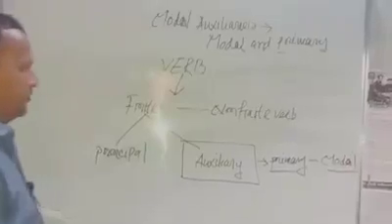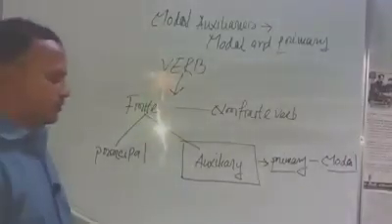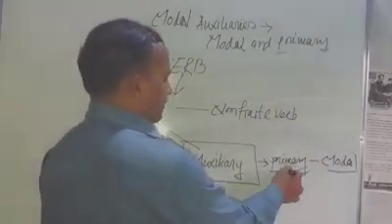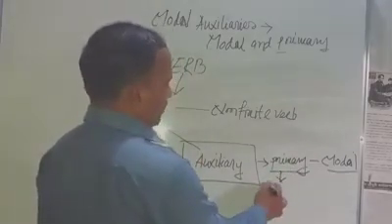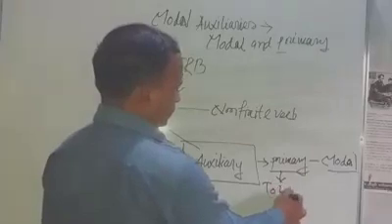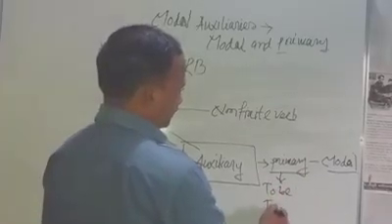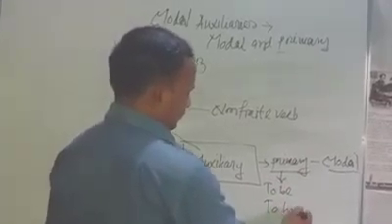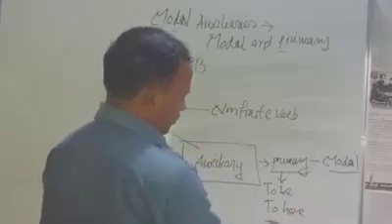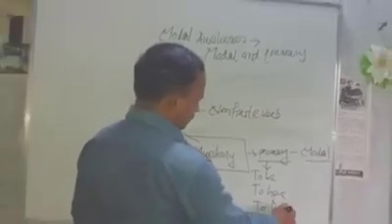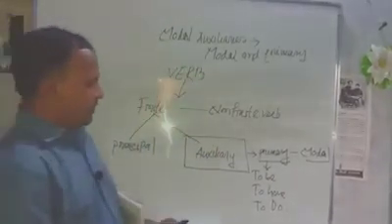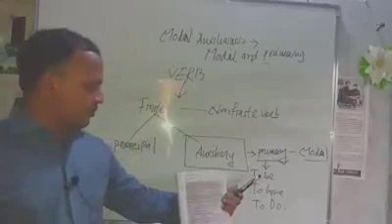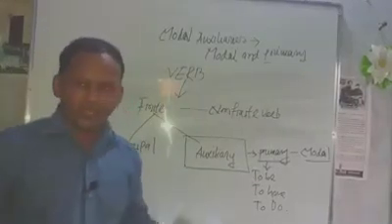Primary auxiliaries have three parts: to be, to have, and to do.